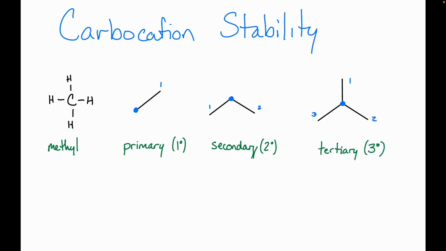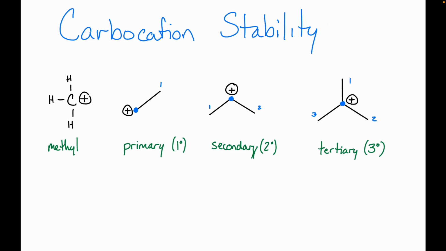Okay, so we have this classification system for carbons depending on how many carbon neighbors it has. If it doesn't have any, it's a methyl carbon. If it has 1, it's primary, 2 is secondary, 3 is tertiary. Okay? Well, if we take these carbons here, these tertiary, primary, secondary, methyl, and we form a carbocation, these carbocations have different stabilities.